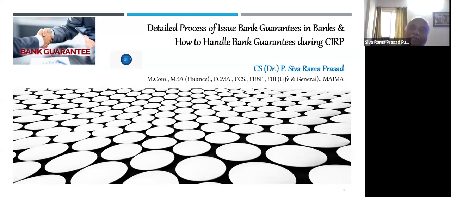With regard to the appraisal part and security part, more or less the same logic or process used for the fund-based limits, they will extend to the bank guarantees, even though it is only one paper or document that is given by the bank on behalf of the borrower to the beneficiary. So I will discuss it in detail.